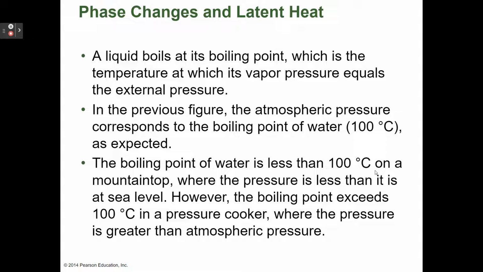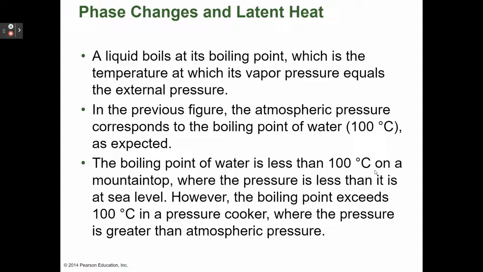So when you have an Instapot or a pressure cooker, the science behind that is that you are increasing the pressure in that pot above atmospheric pressure, so the boiling point of whatever water is in there is not going to be 100 degrees Celsius, it's going to be something above 100 degrees Celsius.